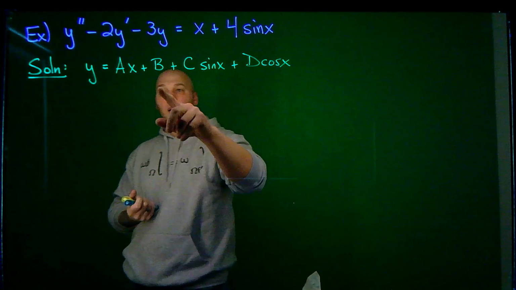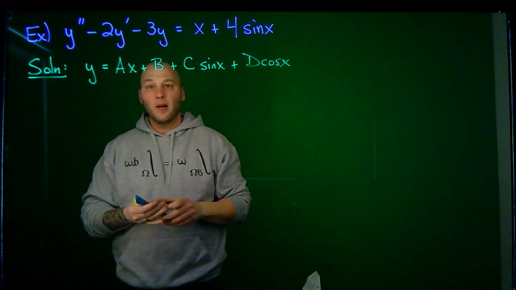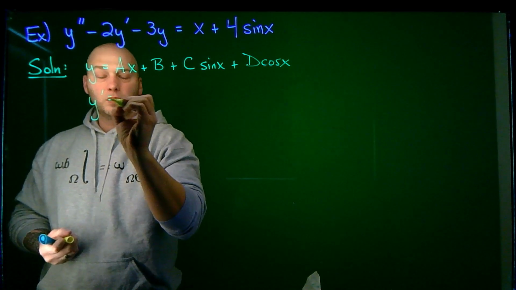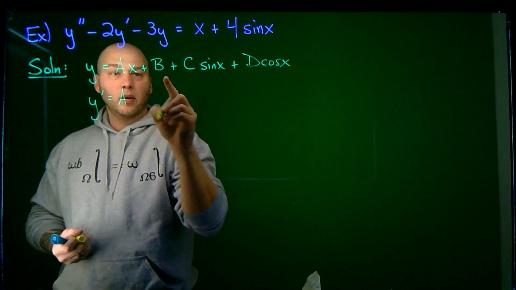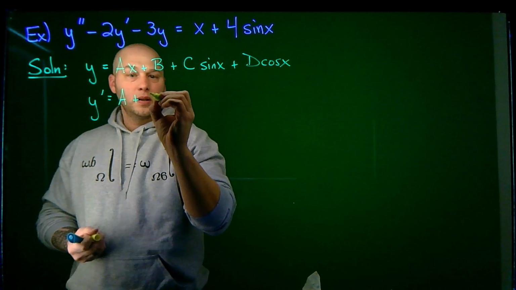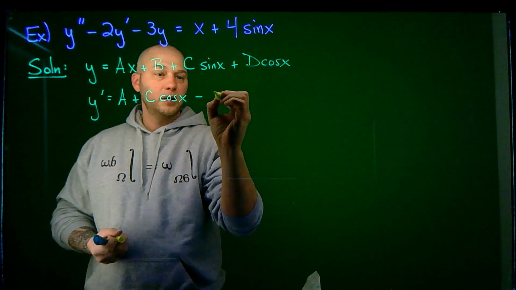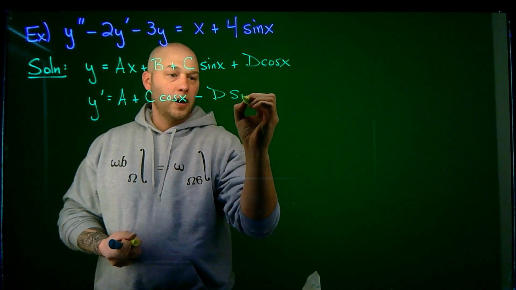Before I plug it in, we have to take the first and second derivative of this. That would give me y prime is equal to a, that'd be 0, plus c cosine of x minus d sine of x.